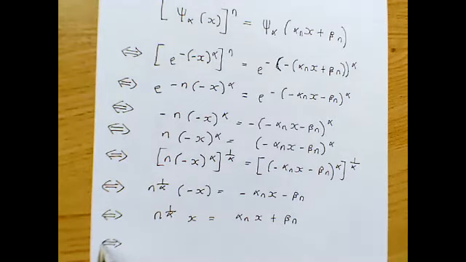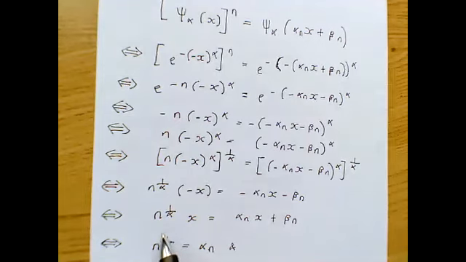Now this can be only true if the coefficients of x on both sides are equal and the constants are equal on both sides. The coefficient of x on the left hand side is this, right? And the coefficient of x on the right hand side is this, right?